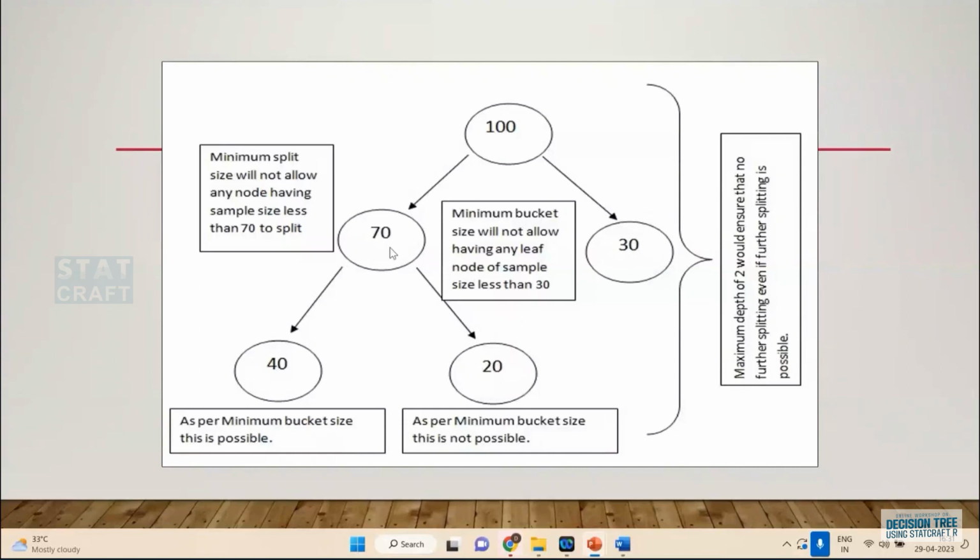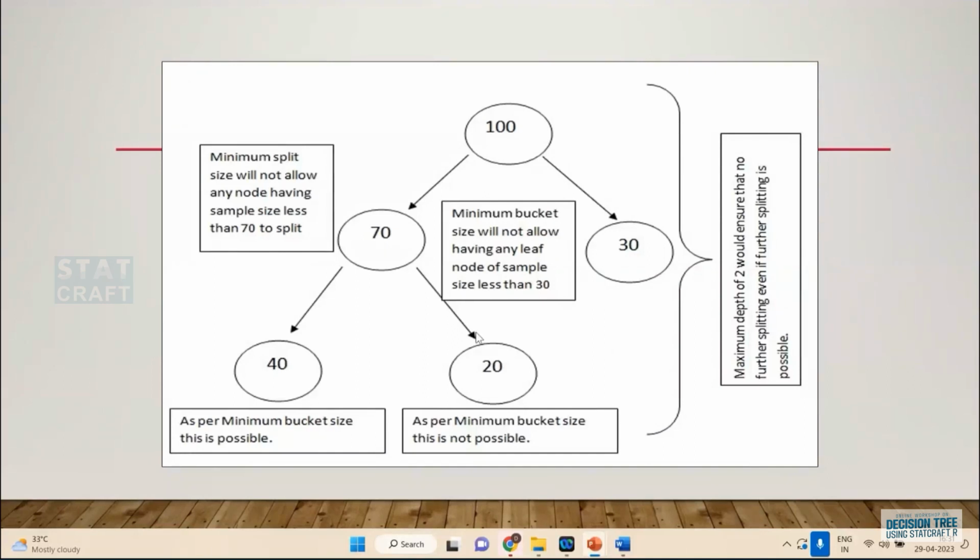Second restriction which we have put on the decision tree. Is it clear? Say yes or no. So this is the minimum split.